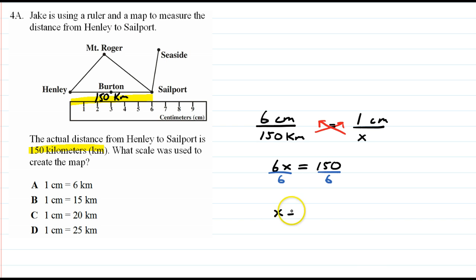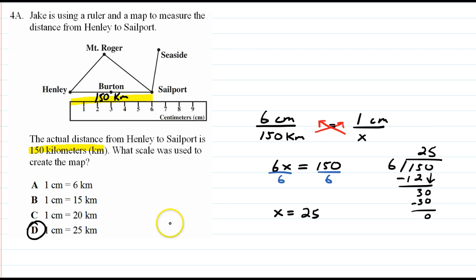So x is equal to, okay, so 6 goes into 15 twice. 6 goes into 30 5 times. So x is 25. So the correct answer is D. So try 4B on your own.